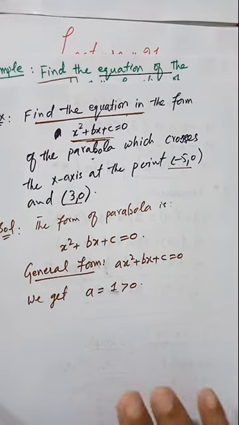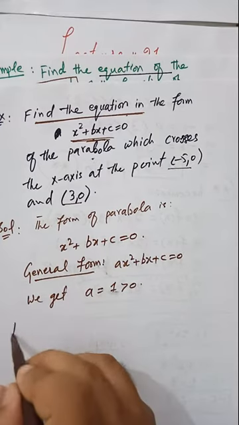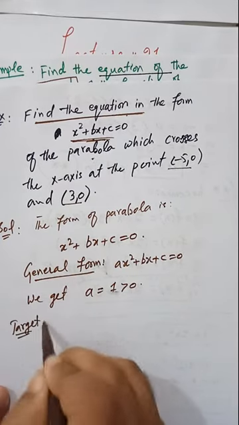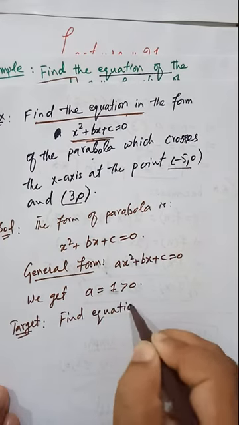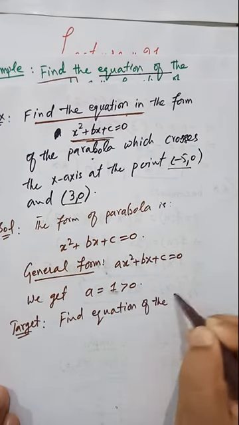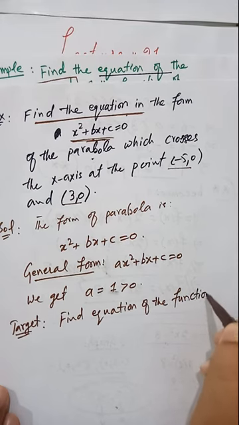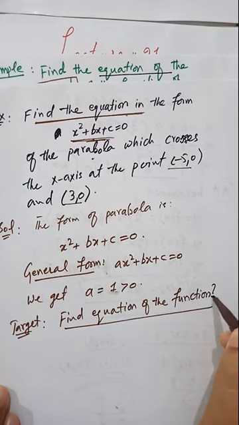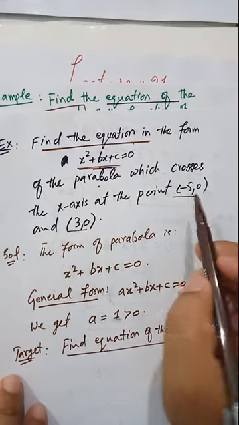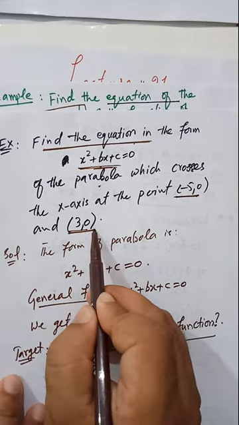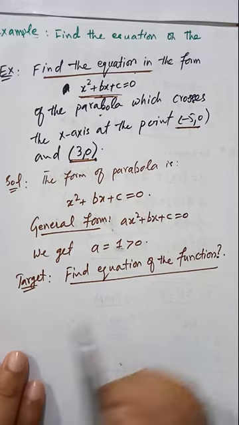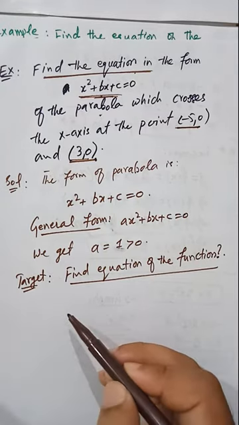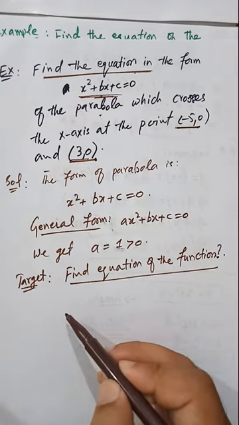Now you need to predict the equation of the function. Target is to find the equation of the function which passes through the x-axis at these 2 points. Okay, so we will use the factorized form of the quadratic.